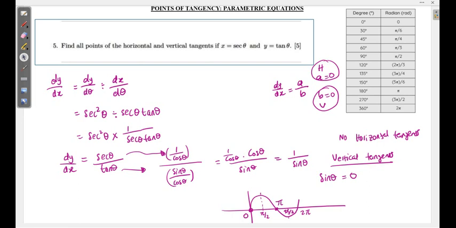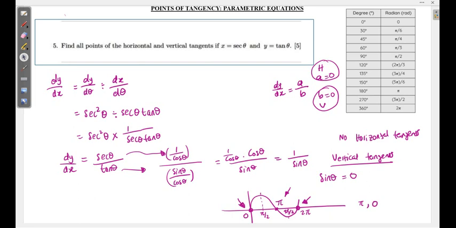All right, so when is sine equal to 0? I think we can agree that it's equal to 0 on this point, on that point, and on this point there. So we can say it's equal to 0 on pi, and on 2 pi. 2 pi will give us the same answer as pi, so we can say on pi and on 0.